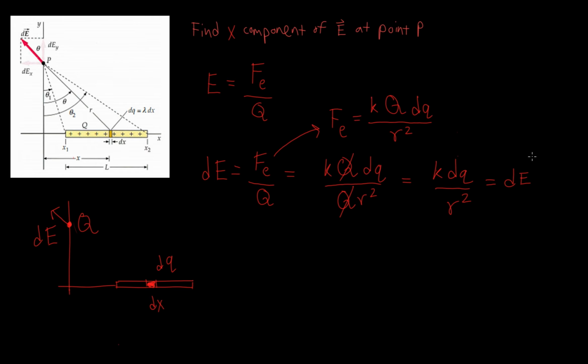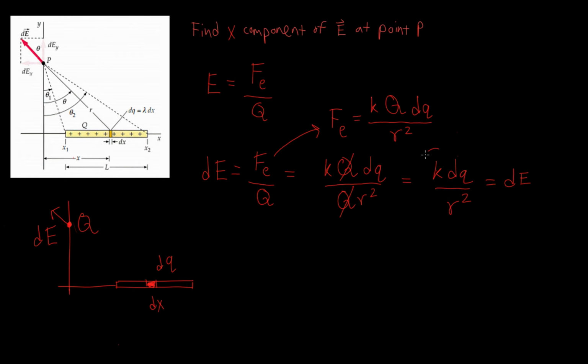So the really small amount of electric field at a point on the y-axis is just given by Coulomb's constant times a really small amount of charge on the line segment right here divided by r squared. That's equal to dE.